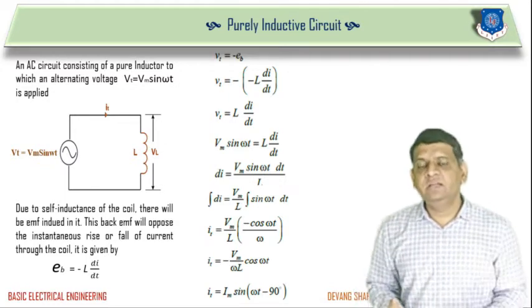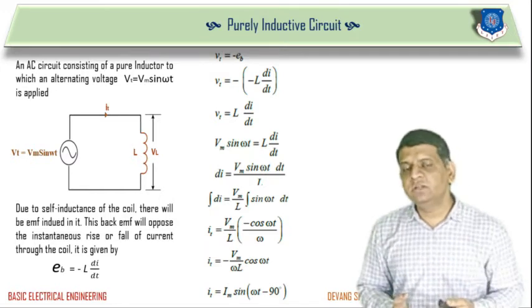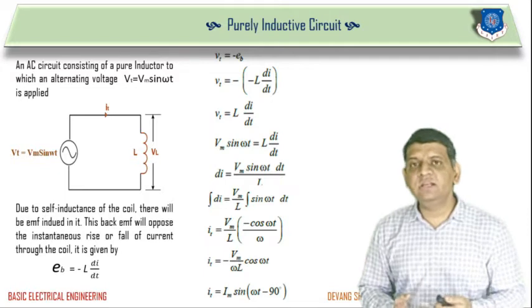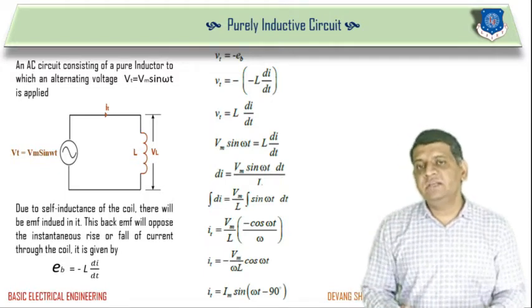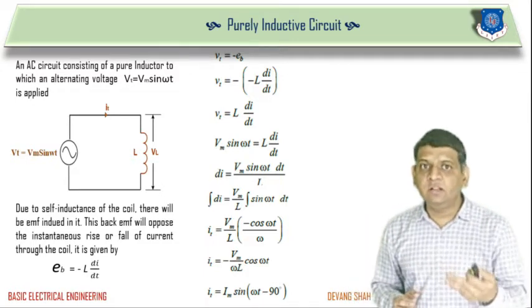So I can write here Vt is equal to minus EB because it's in the opposite direction, right? So using the equation EB is equal to minus L into dI by dt, here Vt is equal to minus in bracket minus L into dI by dt. So Vt is equal to L into dI by dt. Right, now I'm rearranging this equation and taking the integration.